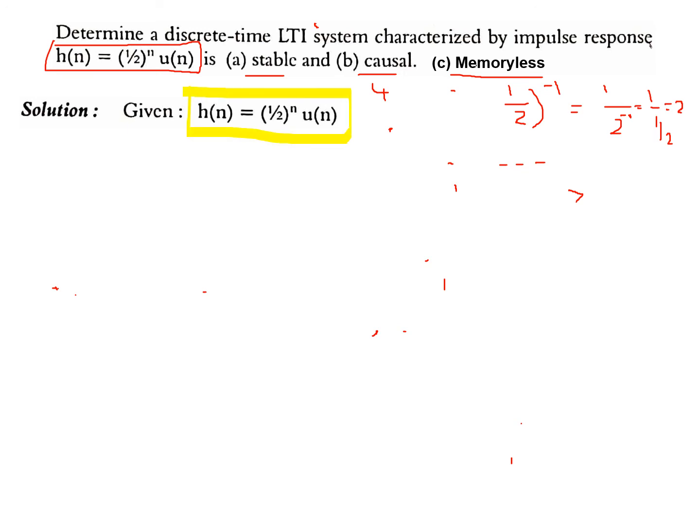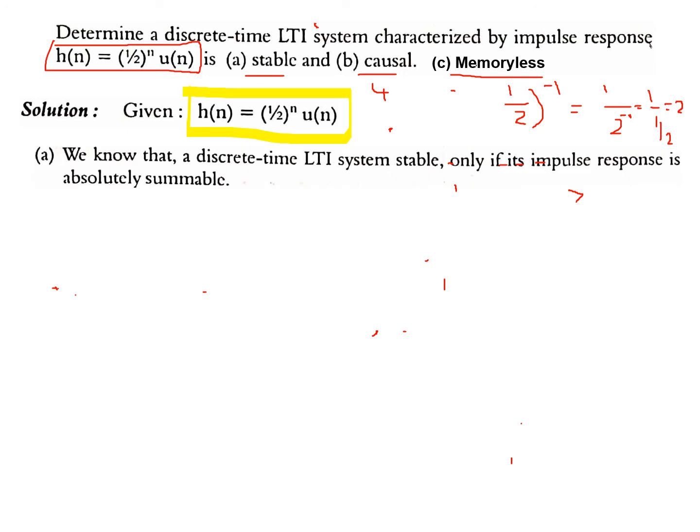Now we know that a discrete time LTI system is stable only if its impulse response is absolutely summable. That is, a system is said to be stable if I add all the values of the impulse response, and the sum should be finite.